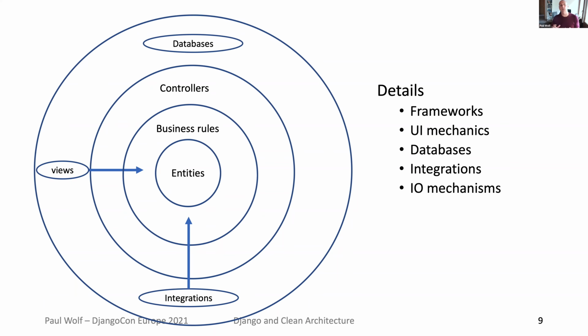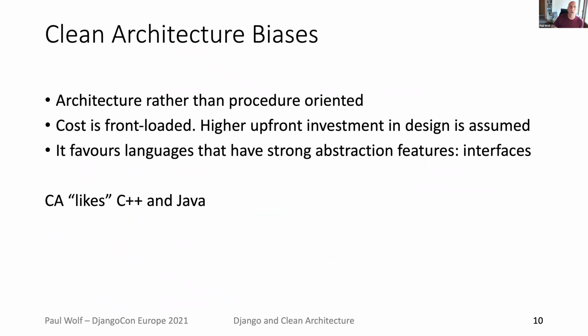The UI mechanics are a detail, which is why the views, and I do mean Django views or Django REST Framework, the same thing would go for that, is on the outer circle here, meaning it's the more volatile part, the more detailed part of your code base.